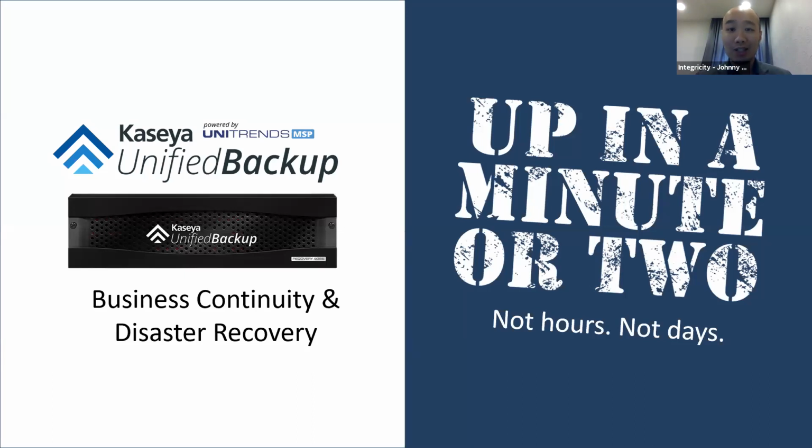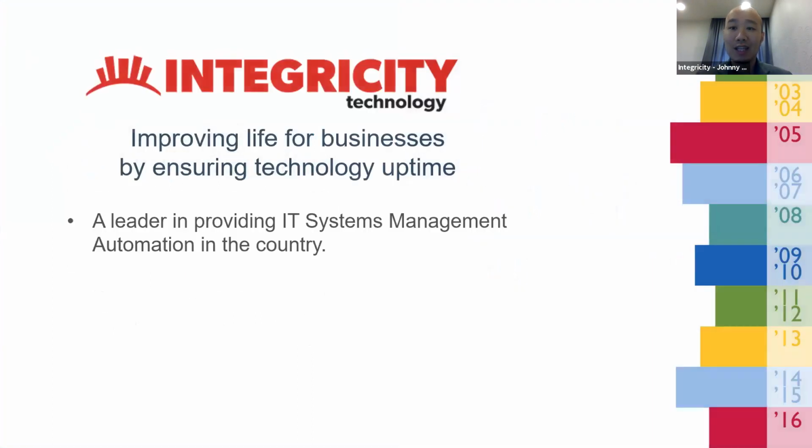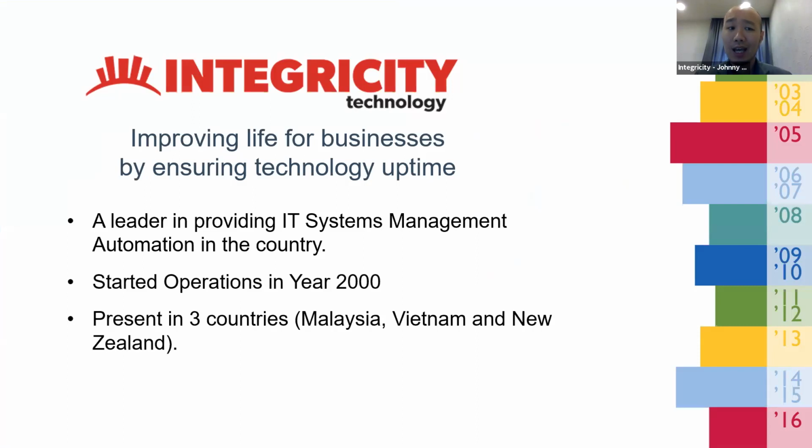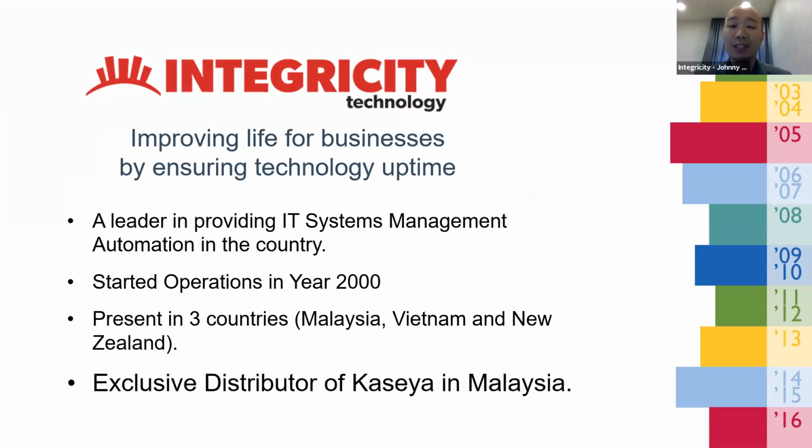Before I deep dive into the solution, some of you may be new to our organization, so let me share about Integricity's history. Integricity has been a leader in system management automation in the country, and started in the year 2000. Currently, we have presence in three countries, and we are the exclusive distributor for the Kaseya solution in Malaysia.